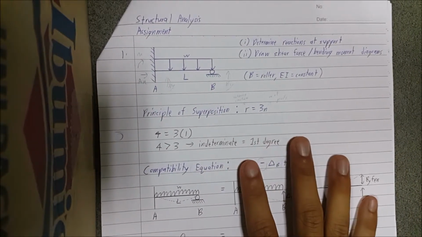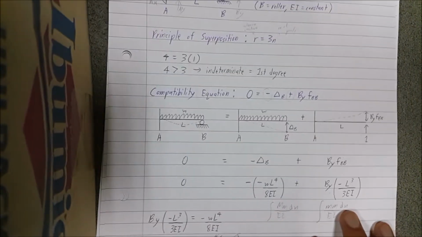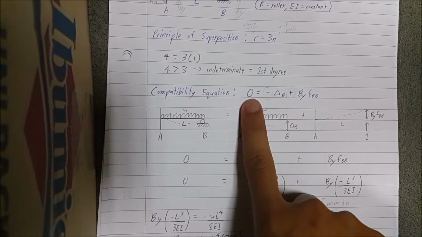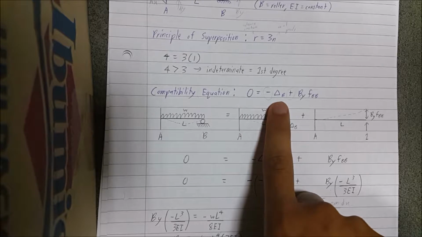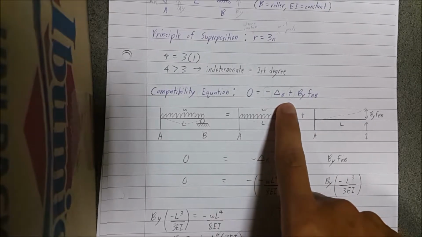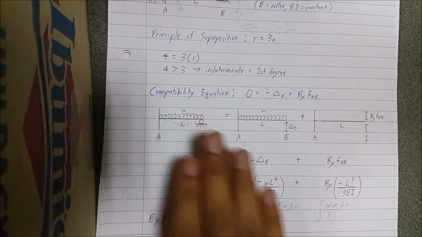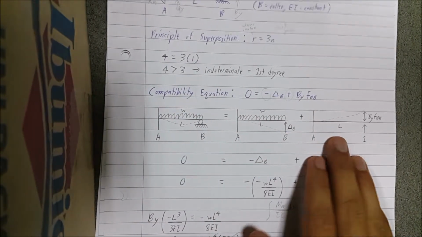Now that we've found that out, we have to go to the compatibility equation. The general formula given was 0 equals negative delta B plus By FBB. But these negative and positive signs are sign conventions that depend on the question, which depend on these 3 drawings that we have.